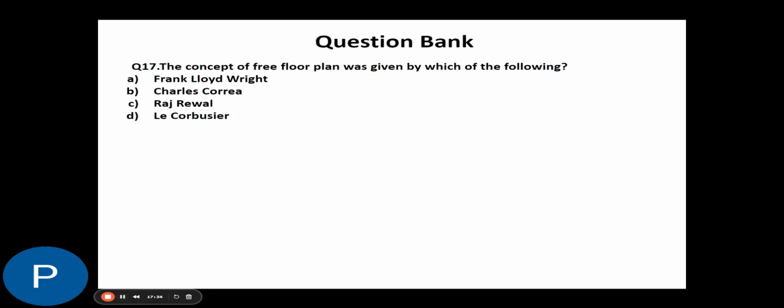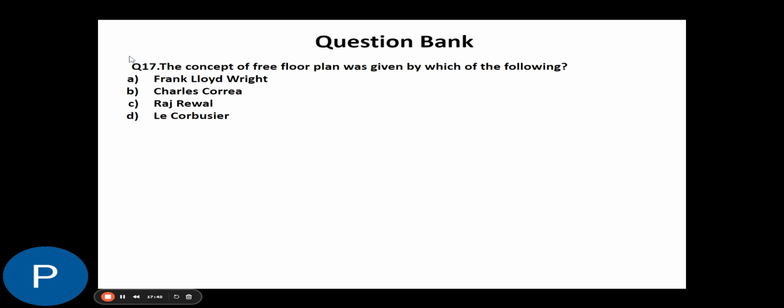Now the next question is, the concept of the free floor plan was given by which of the following? It was basically given by Le Corbusier.